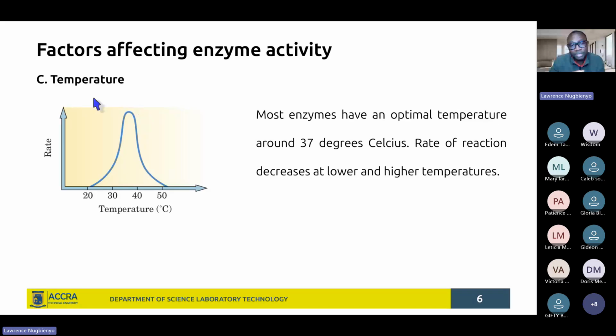It is actually based on such knowledge that we have preservation of food, for instance, by refrigeration. Or even sometimes, those of you who are working in microbiology laboratories, you do store some of your samples or reagents in the refrigerator.